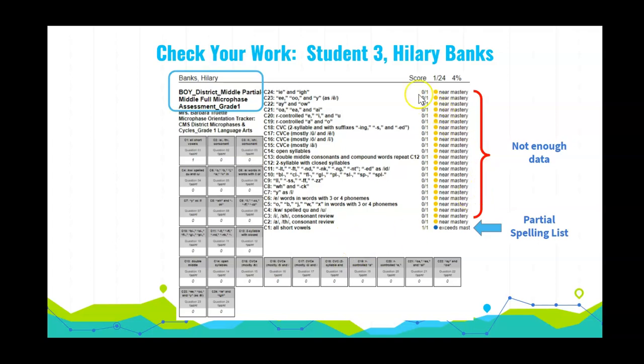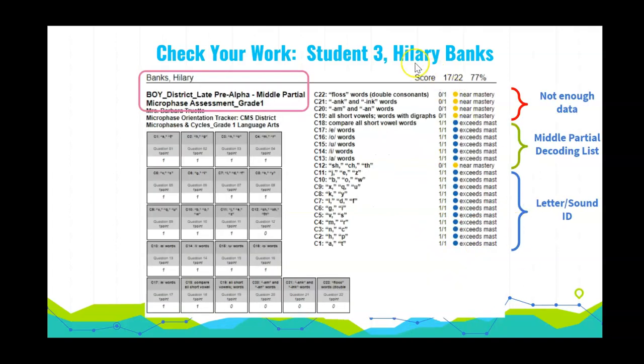Here you can see the middle partial alphabetic where Hillary only scored mastery in the very first cycle. When we enter Hillary's data in late pre-alphabetic to middle partial, the story looks a little bit different. Based on her letter sound ID, she has full mastery of cycles 1 through 11.